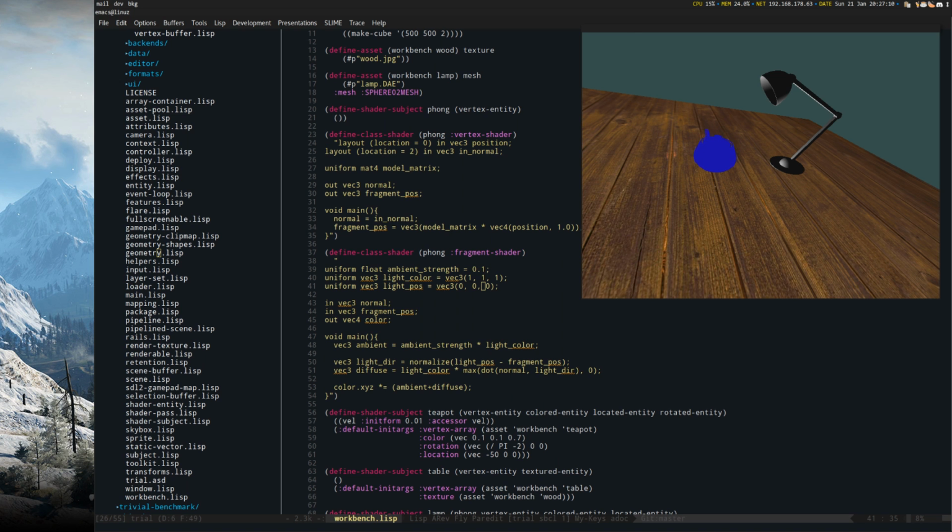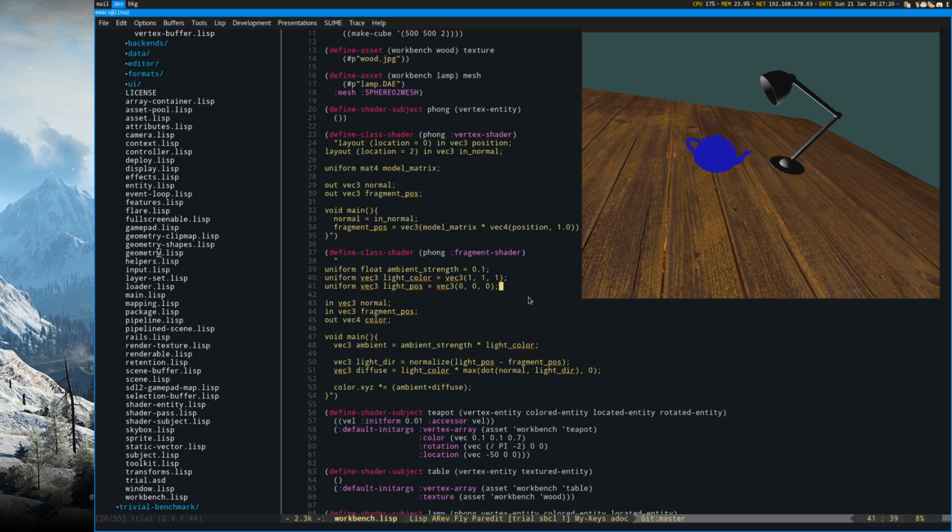And for this, we also need to know the position of the current camera within our shaders. So, how do we do that? Not sure how we can solve that elegantly. For now, let's just hard code this as well.